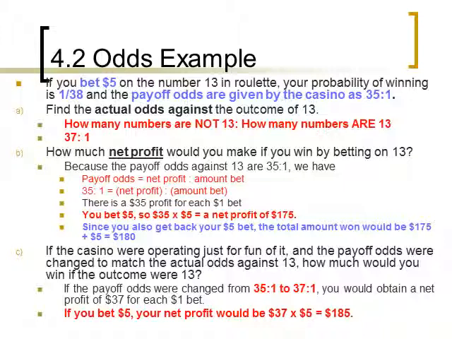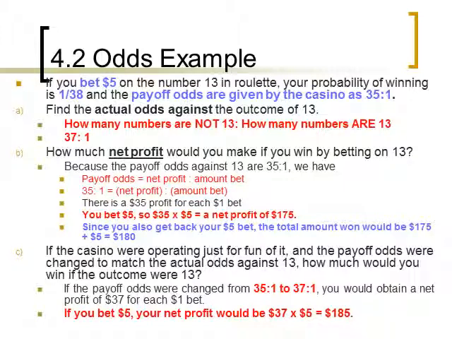If the casino were operating just for the fun of it and the payoff odds were changed to match the actual odds against 13, how much would you win if the outcome were 13? Well, this is why casinos make so much money, because their payoff odds never match actual odds. In Part A, we found that the actual odds against the outcome of 13 would be the numbers that aren't 13 compared to the numbers that are 13.